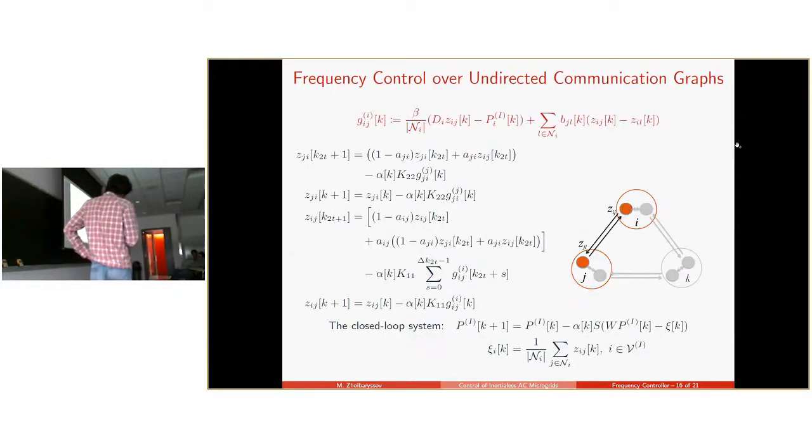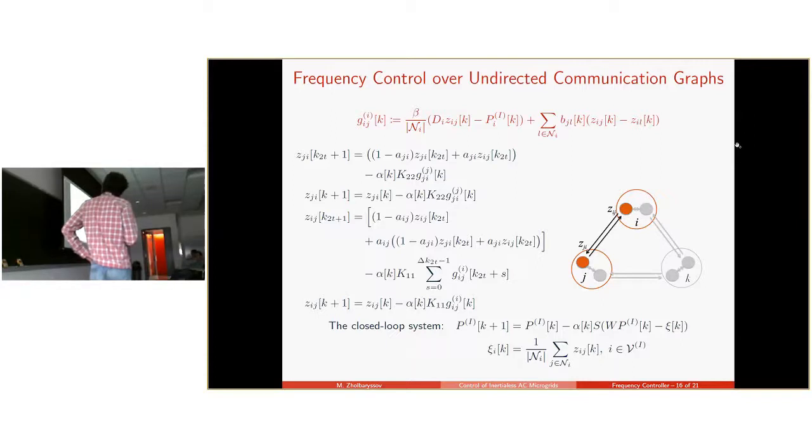Okay, so now the next slide basically formalizes what we have said in the previous slides. Here nodes i and j maintain two estimates for communication link ij, which we call z_ij and z_ji, and when they perform averaging, they do it in an alternating fashion.